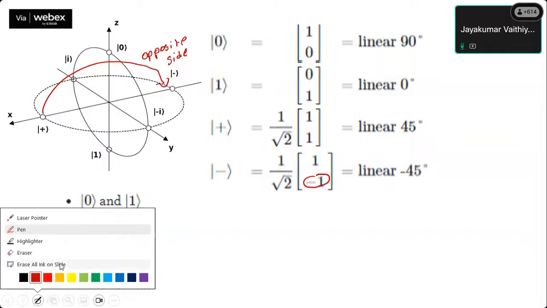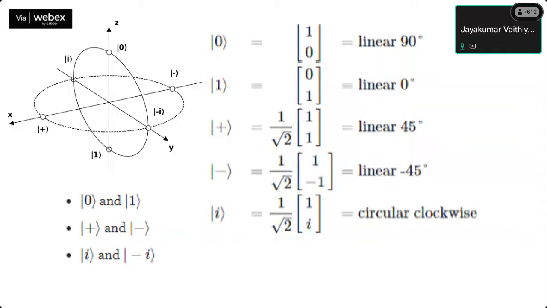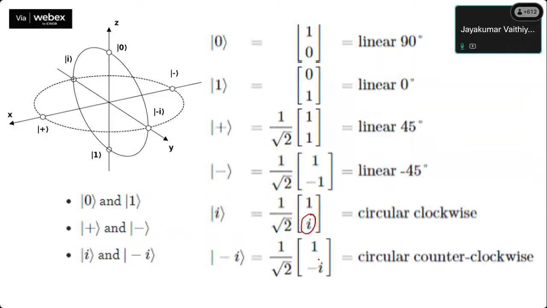In the same way, to represent the y-axis state, it is 1 over root 2 times 1, i, where the second component becomes imaginary. Same way for the minus i state, the second component becomes negative, negative y. Are all of you able to follow until this?